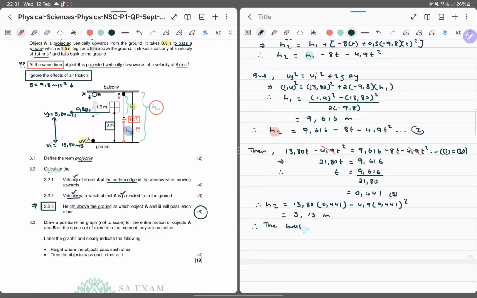We can say therefore the balls A and B will pass each other at 5.13 meters above ground.